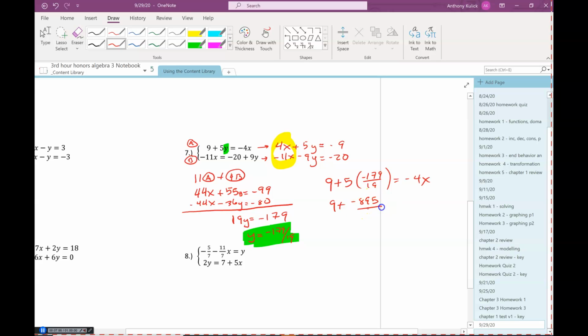And if I make a common denominator with 9, that's 171 over 19. So when I combine those, I get negative 724 over 19. And when I multiply both sides by negative 1/4, that gives me 181 over 19 for x.